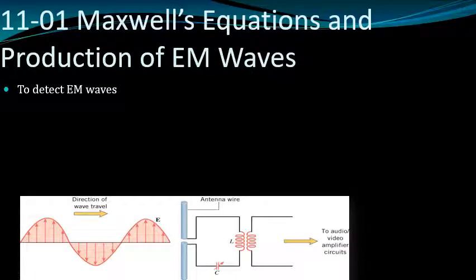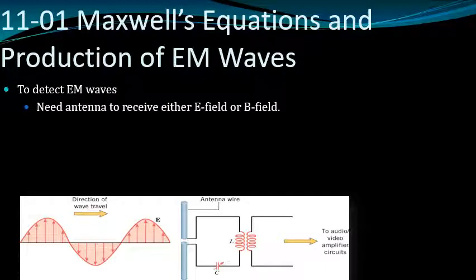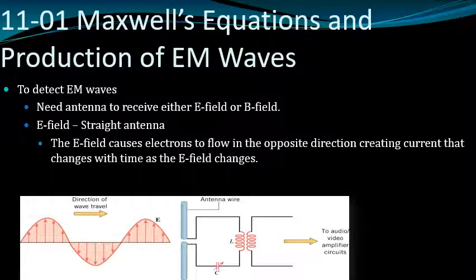To detect electromagnetic waves, we need an antenna, again, that is designed to either receive the electric field or magnetic field. If you're going to receive the electric field, you need a straight antenna. The electric field will cause electrons to flow in the opposite direction of the electric field, creating a current that changes with time as the electric field changes.